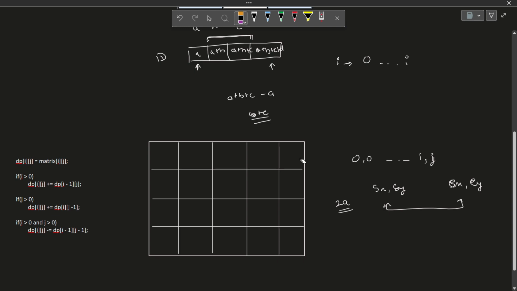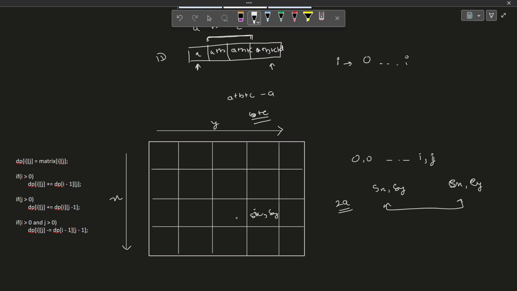Let me just give you the convention which I am using. This is x increasing down here and y increasing here, right. This is the convention that I will be using.